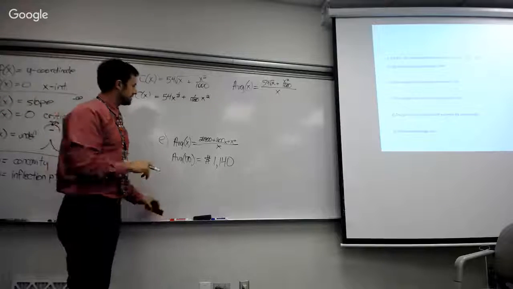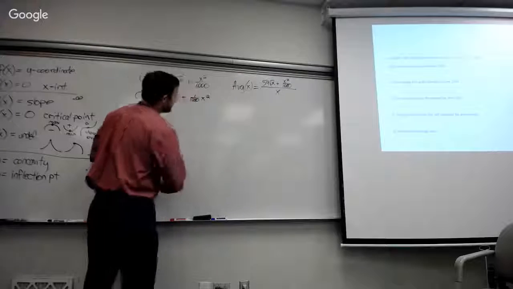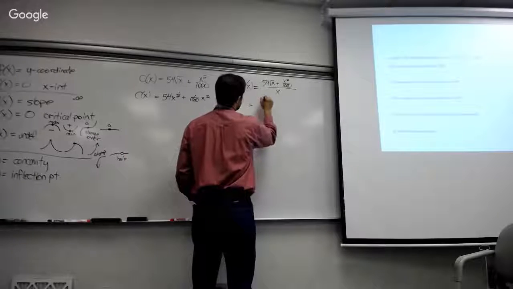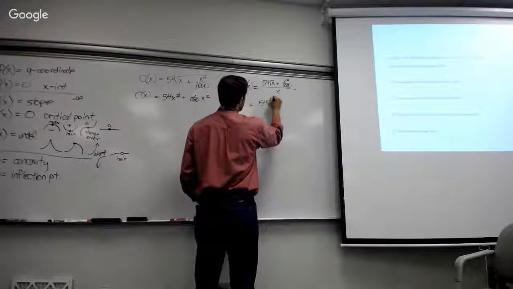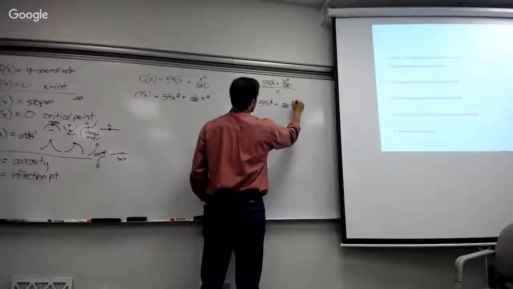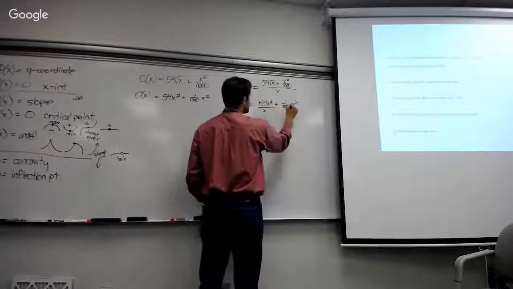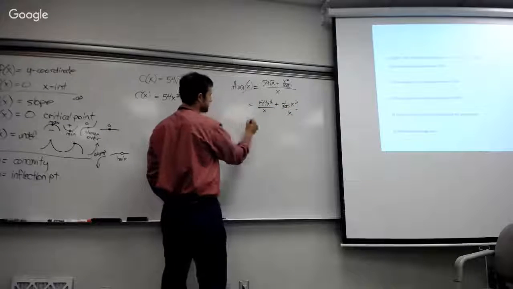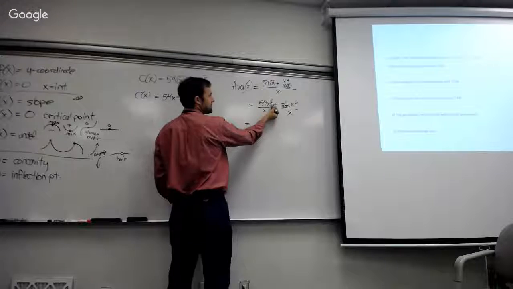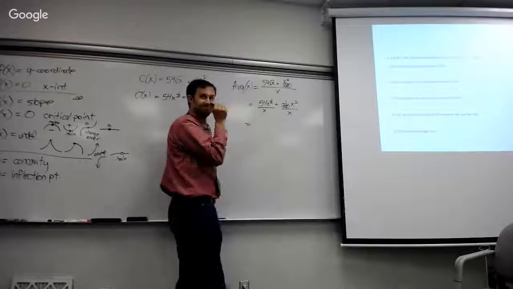We can still do it though. I'm happy to still do it. Whereas this problem, you would have to rewrite this as 54x to the 1/2 plus 1/1000 x squared. And both of those are going to get divided by x. How does that simplify out? How do you simplify this first part, x to the 1/2 over x?